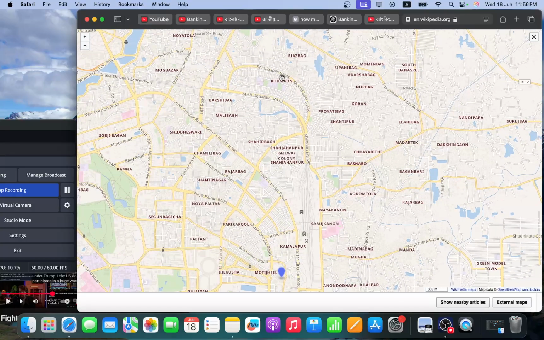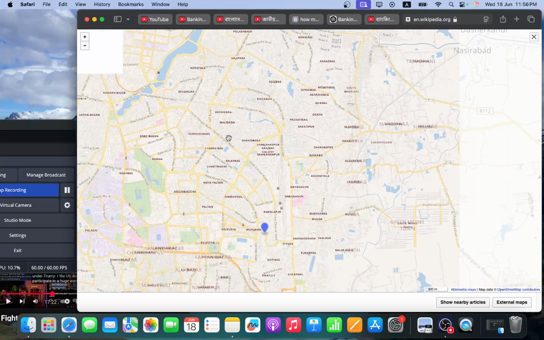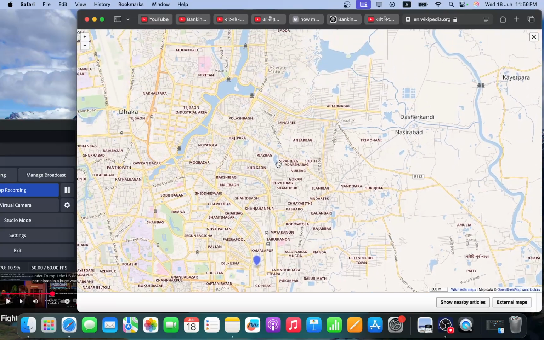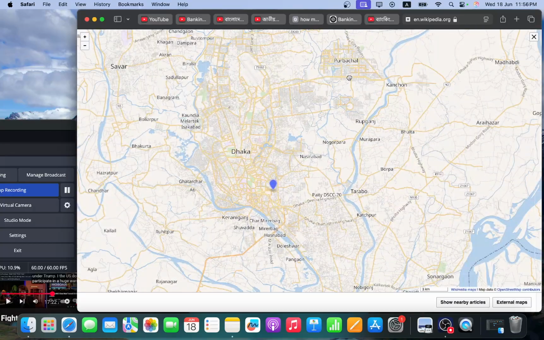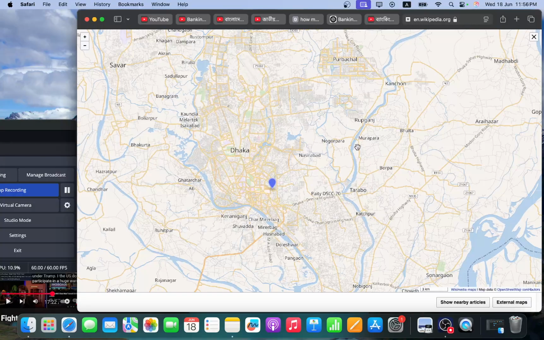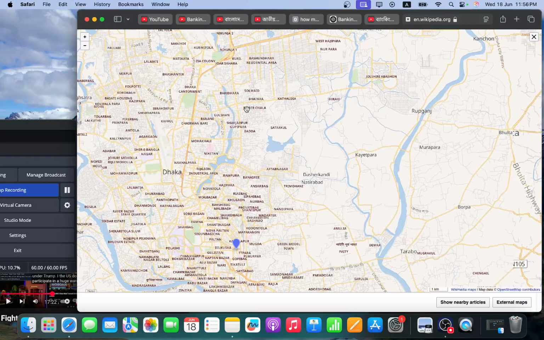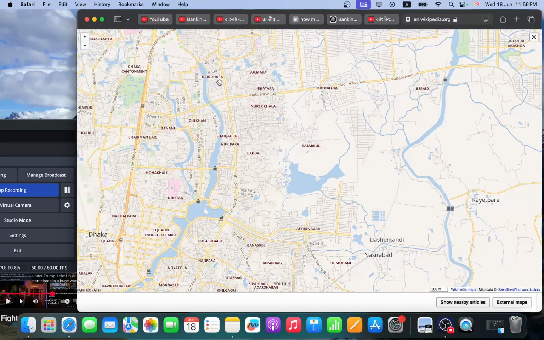Khilgaon. So this is Khilgaon. This is Rajbagh. This is Purbachal. So this is Baridhara, Gulshan, and Mohakhali. Okay, Mohakhali, I understand.